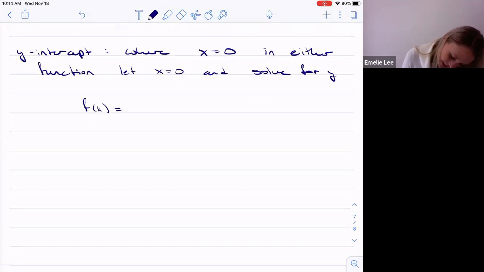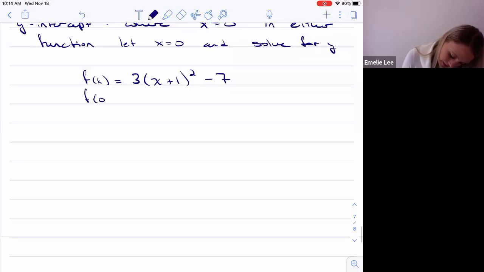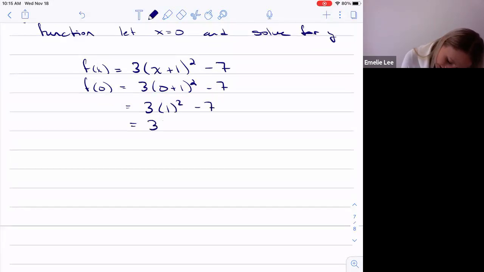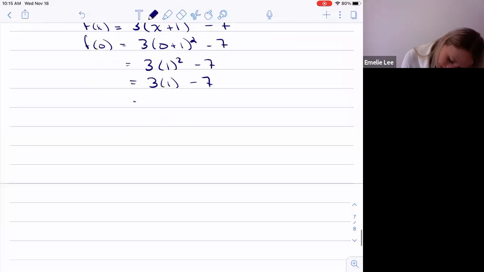So f of x is 3 times x plus 1 squared minus 7. So f of 0 then is 3 times 0 plus 1 squared minus 7. 0 plus 1 is 1, 1 squared is 1, times 3 is 3, 3 minus 7 is negative 4.